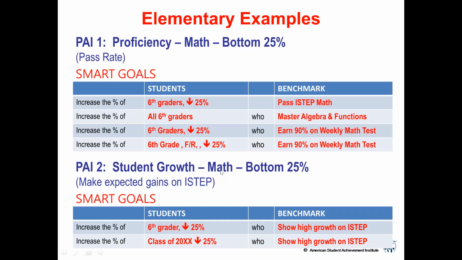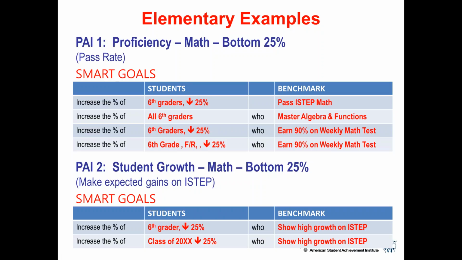Here's the second PAI for the same school, student growth in math, and bottom 25%. And this time, since we're working on growth, they created a goal: the percentage of sixth graders in the bottom 25% who are at 90% on the weekly math test. But they've also decided to create a student group for a certain class, so that maybe the class of 2022 or whoever.